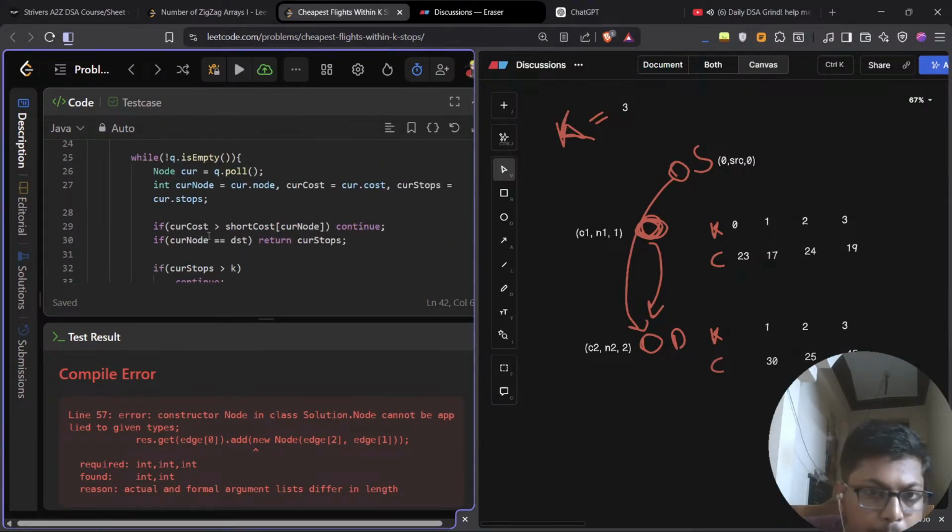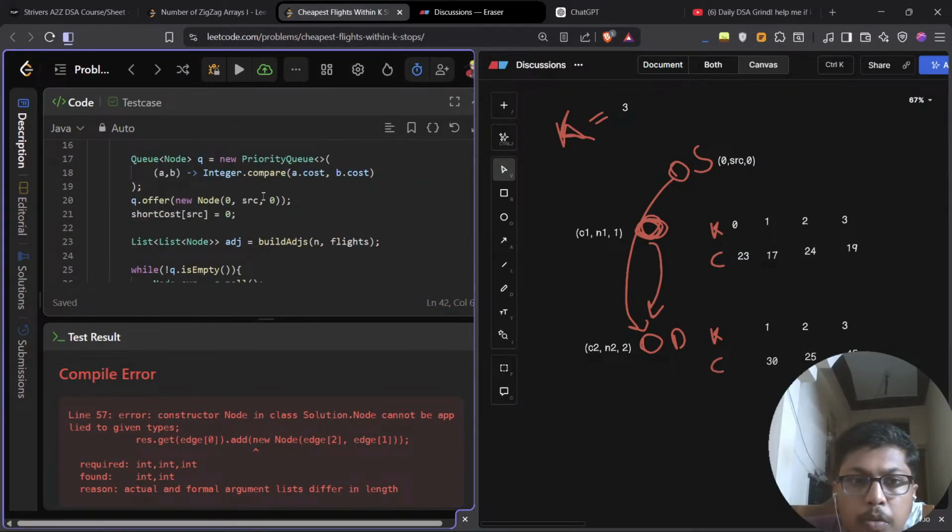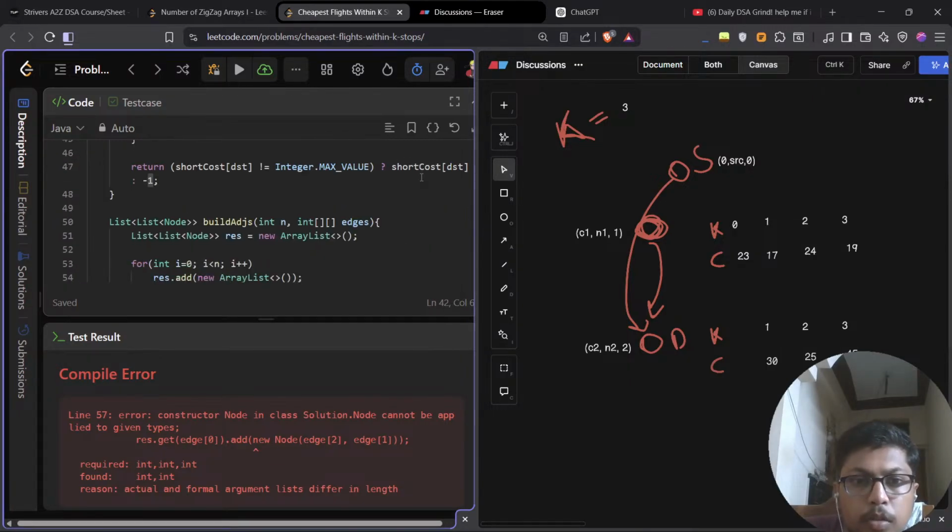It started at zero, and this is the point where we are starting.